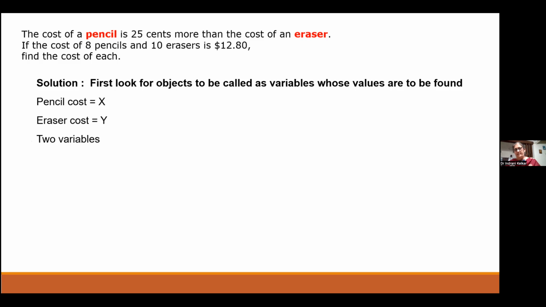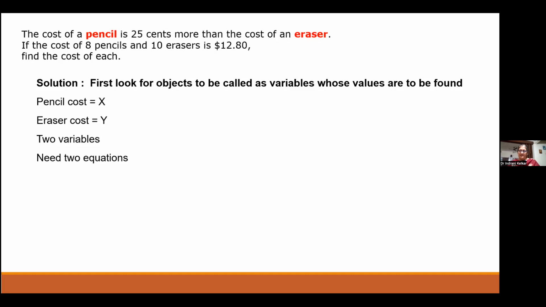So how many variables do we have? 2 variables. Once you know there are 2 variables, it triggers in your mind, if you have memorized the formula, that 2 variables will need 2 equations. And now you know which formula to use. So in the first comprehension, you find out the objects, how many objects there are, and the relation between them: is it linear, quadratic, or bigger than that.